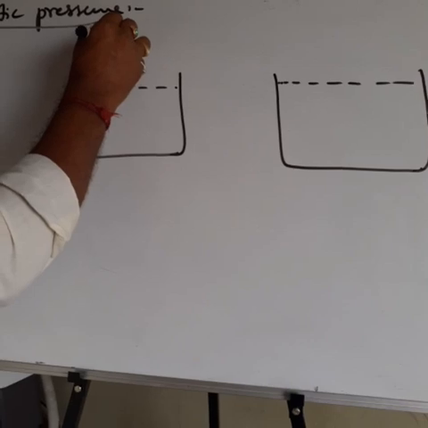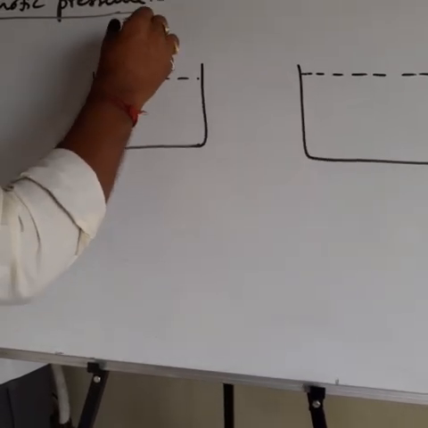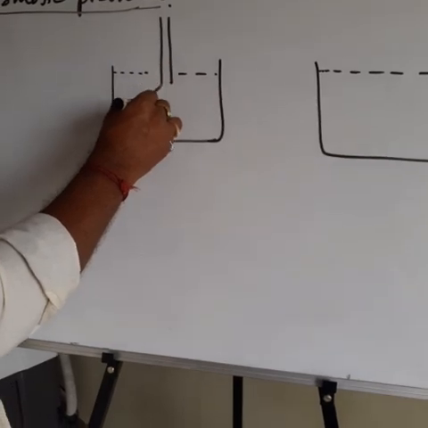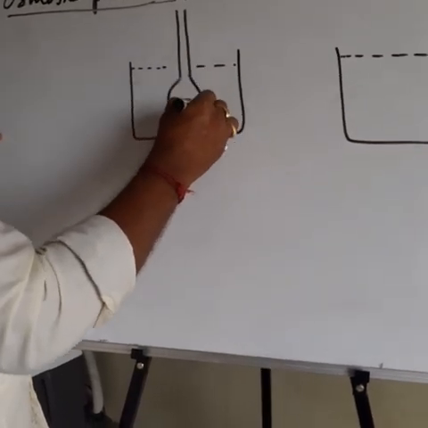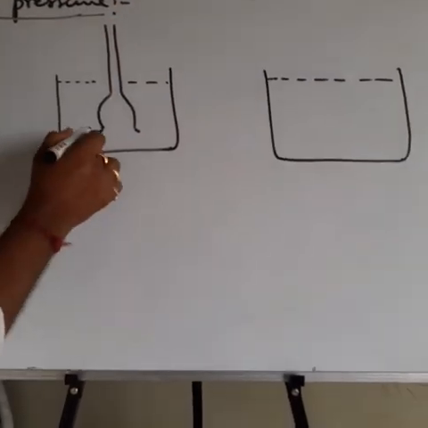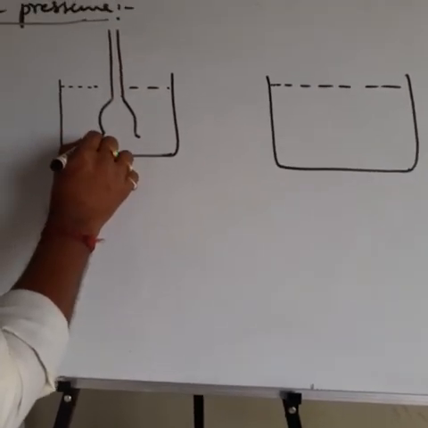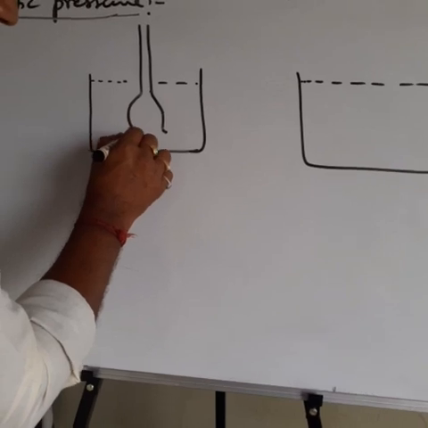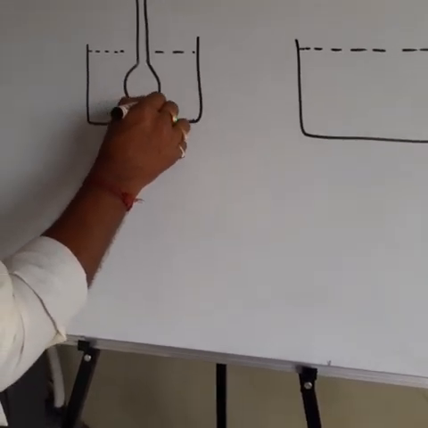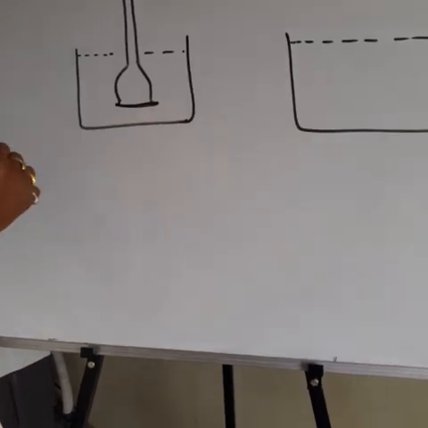In the first beaker, I am taking a thistle funnel, invertedly arranged into the water. The mouth of the thistle funnel is tied with a semi-permeable membrane. This is the membrane.